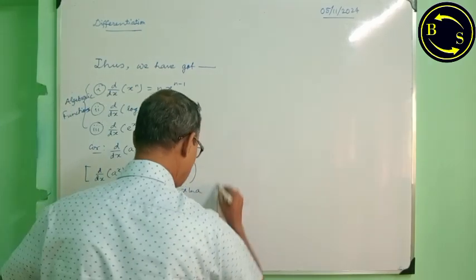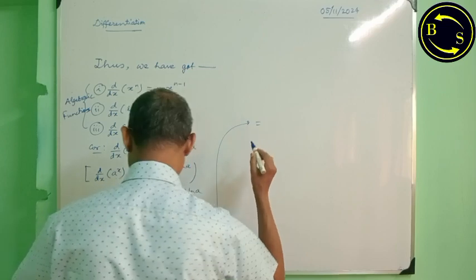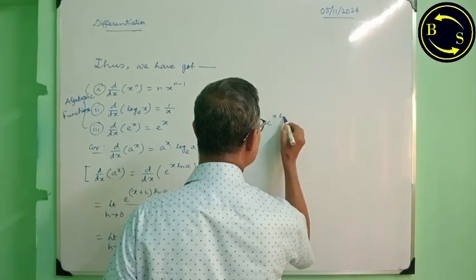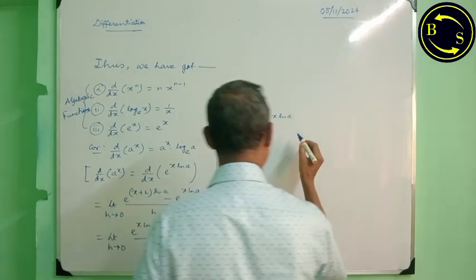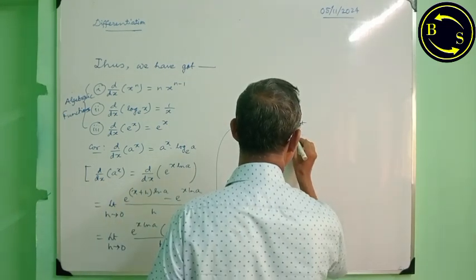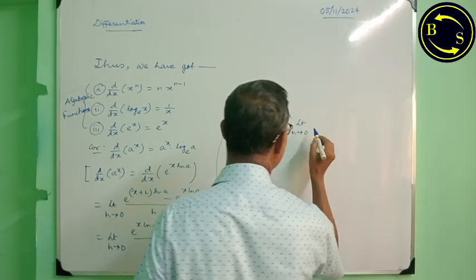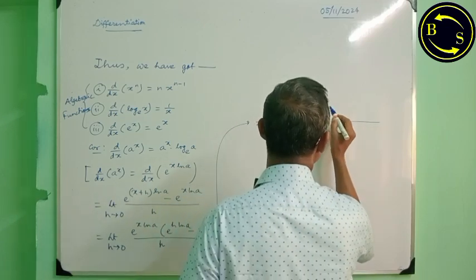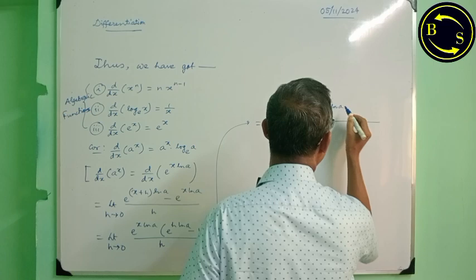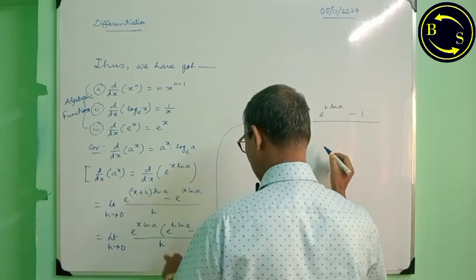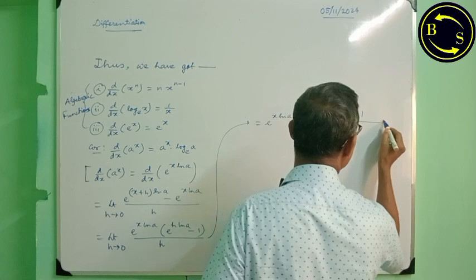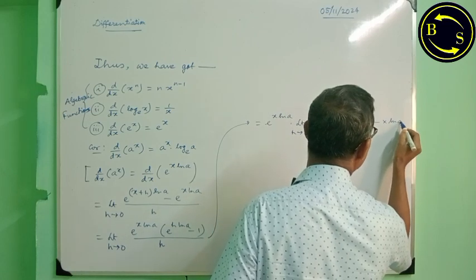Therefore, this will be e to the power x log a taken outside, into limit h tends to 0 of (e to the power h log a minus 1) by h log a, into log a.